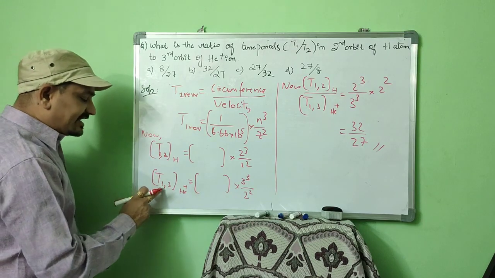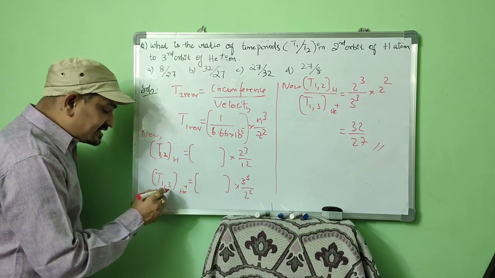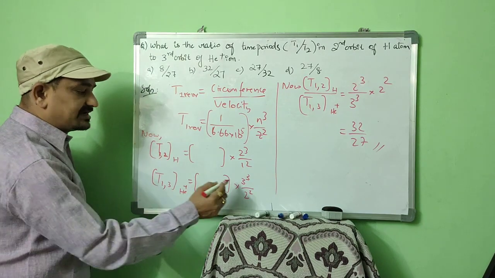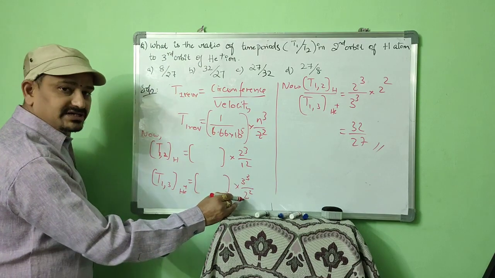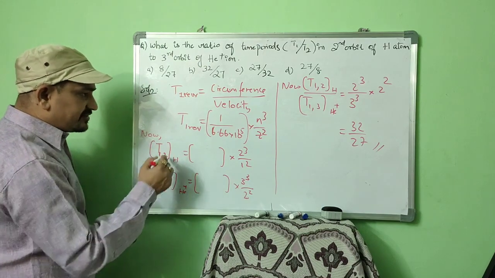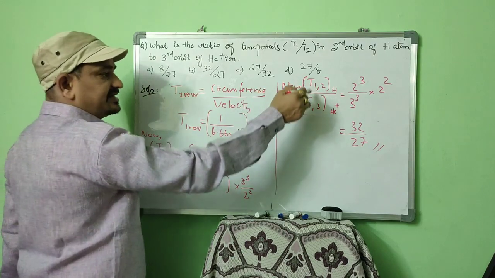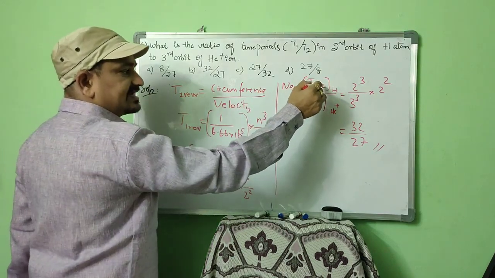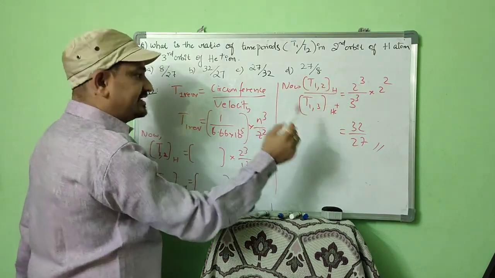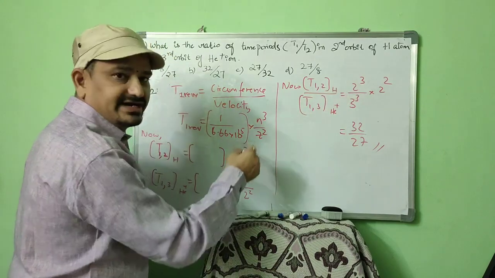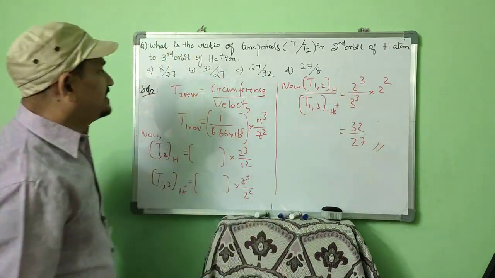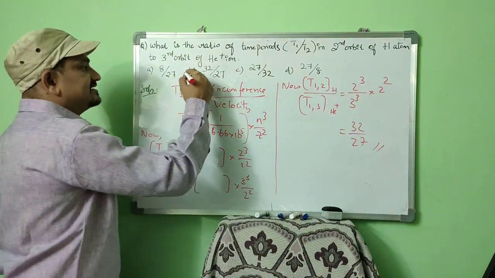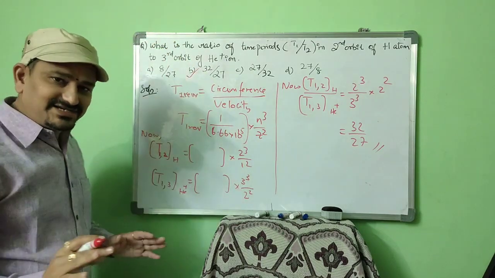Similarly, time taken for one revolution in the third orbit of helium plus, orbit number is 3 and helium atomic number is 2. Now the ratio of these two times, hydrogen second orbit and helium plus third orbit, on dividing these two things, we get 32 by 27. So our option is 32 by 27, right?